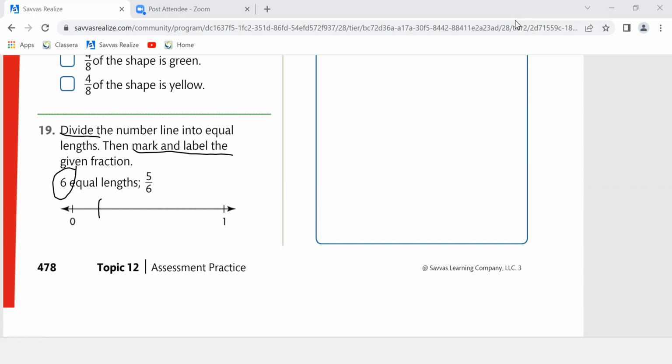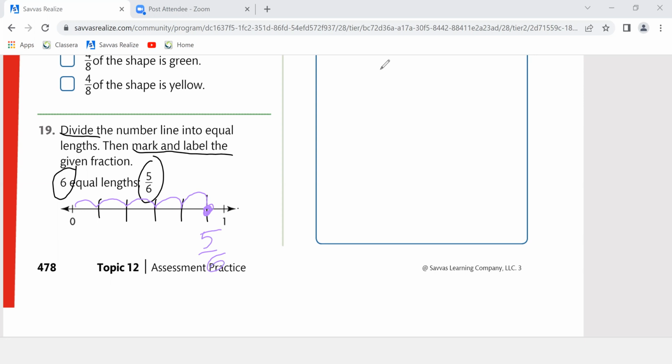Now, how to mark 5 out of 6? What do you need to do again, Sally, to find where is 5 out of 6? We choose jumps: 1, 2, 3, 4, 5. Here you need to mark it and label that this is 5 out of 6.